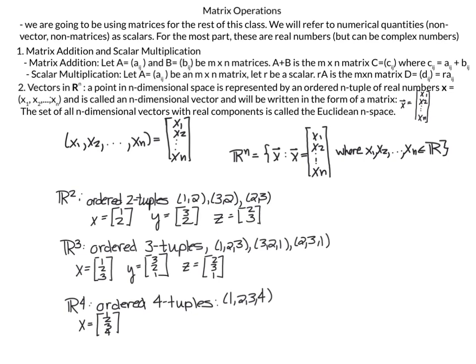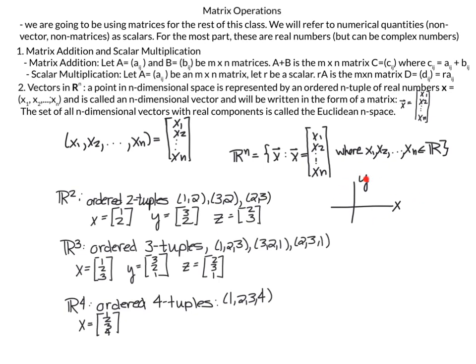So for example, here we have our n-tuple written in column form. If n is equal to 2, that's our normal 2-space, our normal Euclidean graph that we plot x versus y. Our first point might be the ordered pair 1, 2, the second point might be 3, 2, and our third point 2, 3.